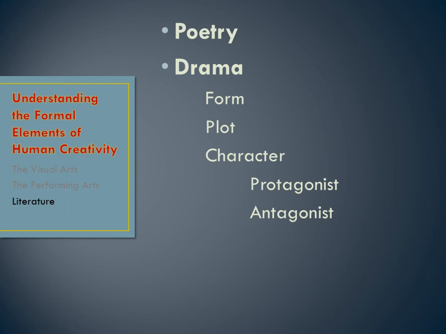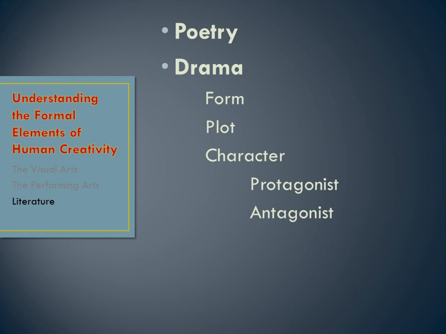The third area that we look at for drama is character. And the two terms that you should be most familiar with regarding character is protagonist and antagonist. The protagonist in a drama is the person who has the problem, the person who has to try to figure something out, who has to solve a difficulty or change from one thing to another thing.